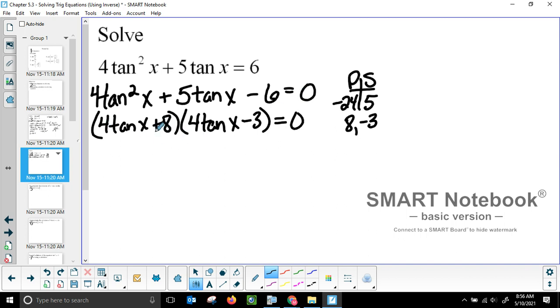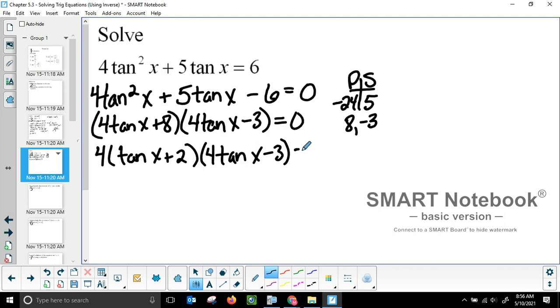With this first factor, I can pull out a 4, and I'm left with tan x plus 2. Right here, I can't pull out anything, so it stays 4 tan x minus 3. Of course, I throw away what I factored out. This is now my factorization.